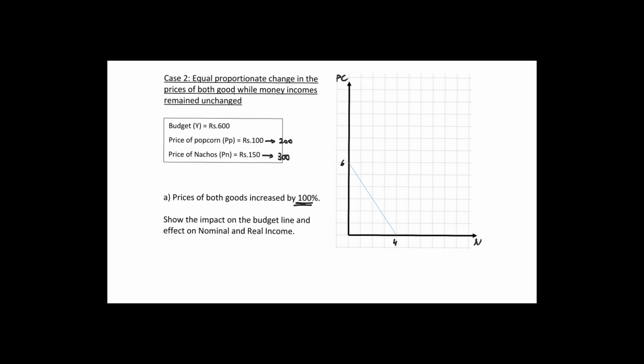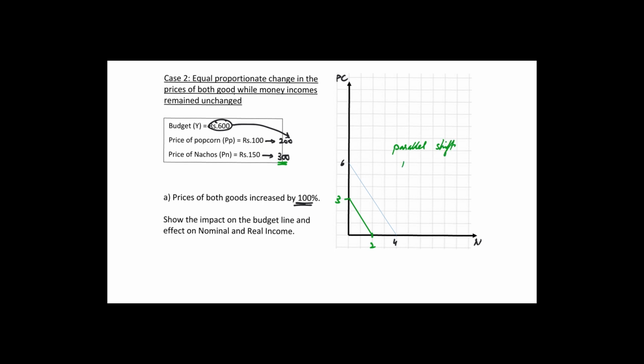So now your affordabilities are 600 divided by 200 gives you 3, and 600 divided by 300 gives you 2, and based on this I have my new budget line, which is a parallel shift inwards.